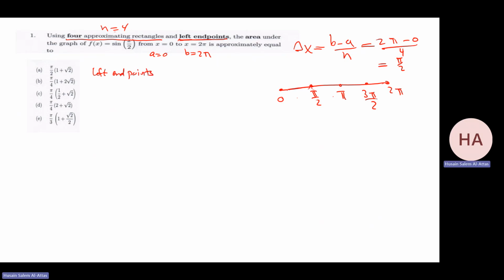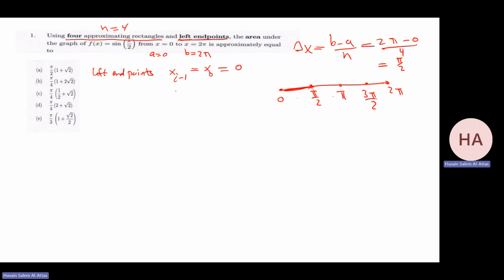In the first rectangle, what is the left endpoint? It will be 0 here. I have xi minus 1, which is x0.